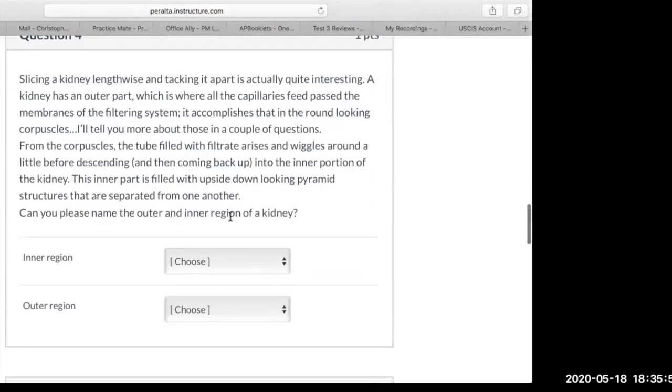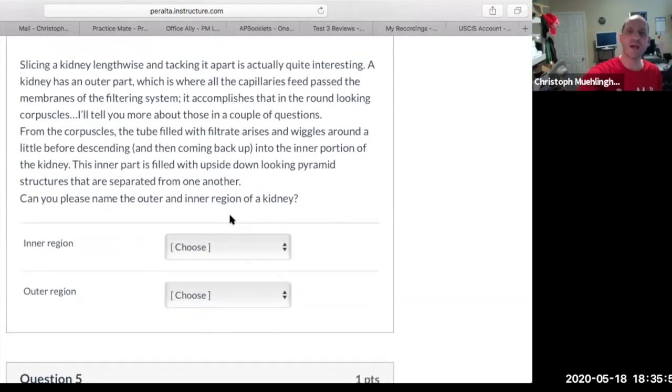Number 4, slicing a kidney lengthwise and taking it apart is actually quite interesting. Unfortunately, this time we couldn't do that part. A kidney has an outer part, which is where all the capillaries feed past the membranes of the filtering system. It accomplishes that in a round-looking corpuscle. I'll tell you more about it in a couple of questions.